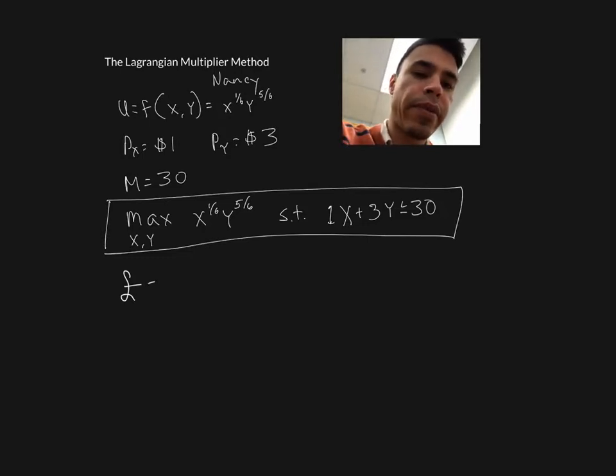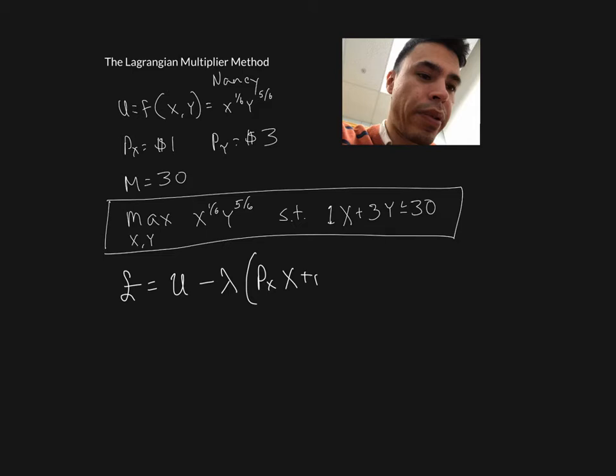The Lagrangian function is going to be equal to the utility function minus the budget constraint multiplied by lambda, which is what we call the Lagrangian multiplier. So the budget constraint will take a form that looks like this: pxx plus pyy minus m.